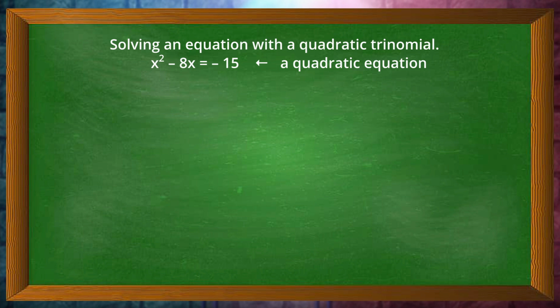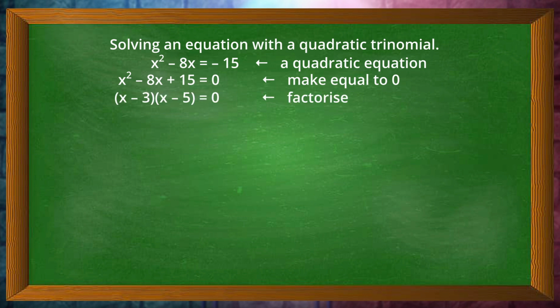You follow exactly the same process as we have seen before. Once again, rearrange the equation so that all the terms are on the left and it is equal to 0. Now it becomes x squared minus 8x plus 15 is equal to 0.